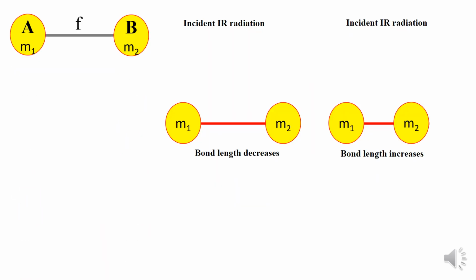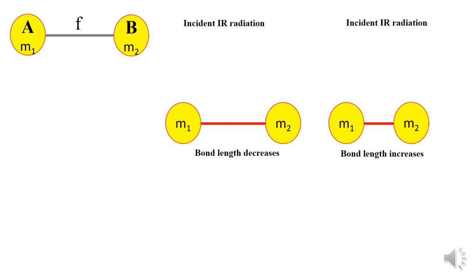We have two atoms A and B held together by a covalent bond. Atom A has a mass of m1 while atom B has a mass of m2.